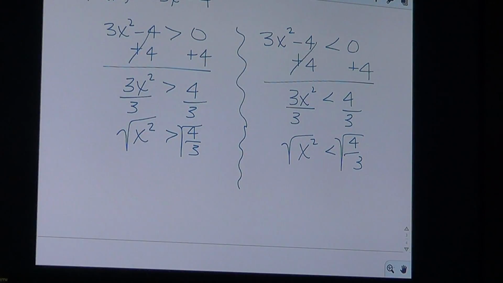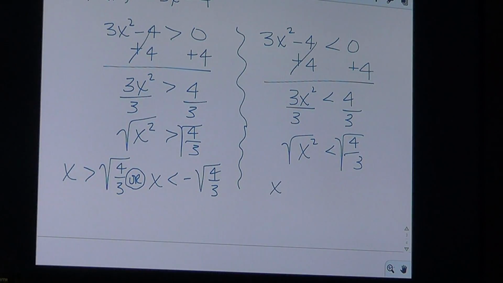Right, okay, so if it's positive, then it's fine, so x is going to be greater than the square root of 4/3, but the negative one is where there's an issue, so it would be x is less than negative. And then we have to do the same thing over here, so x is less than the positive, or x is greater than the negative.